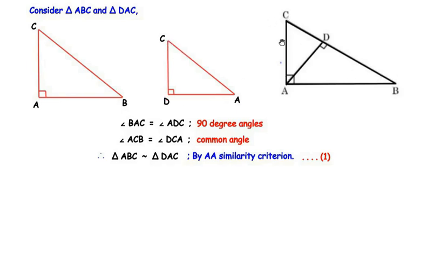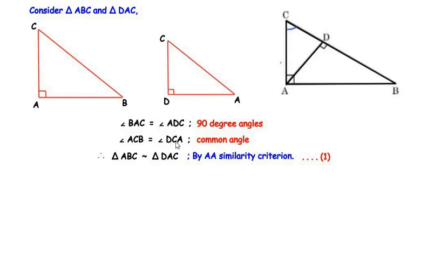So in the second triangle which we have drawn, that is DAC, we have taken the point D to be at 90 degrees. So here we have written angle BAC is equal to angle ADC, that is 90-degree angles. And here we can see that in these two triangles, angle C is a common angle, that is angle ACB is equal to angle DCA, the common angle.